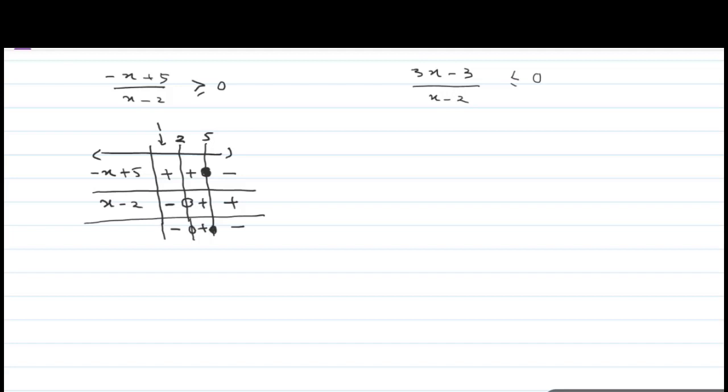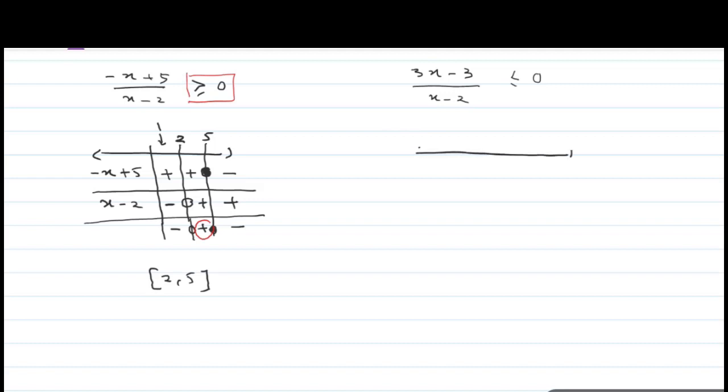So here we want to find the positive values. Greater than 0 means positive. So this is the interval of the solution. So for the first inequality, the solution is from 2 to 5, half open interval.